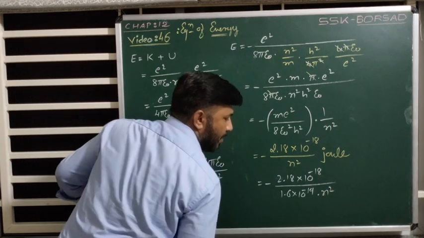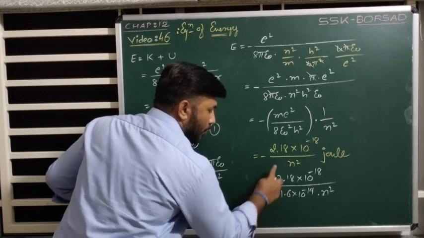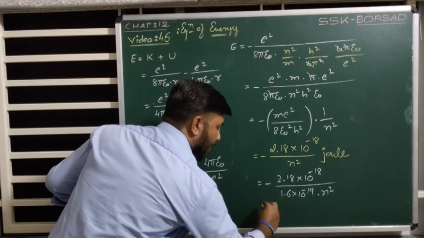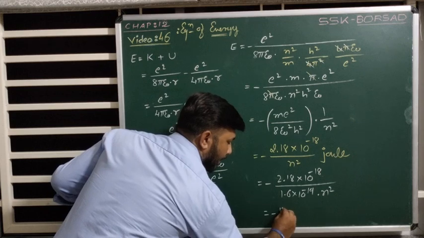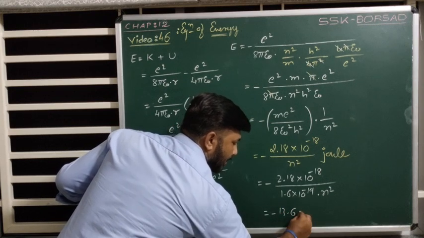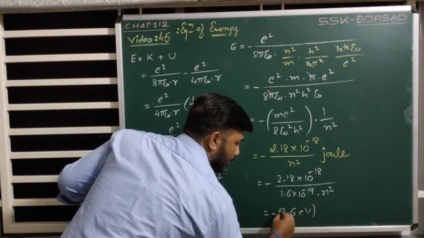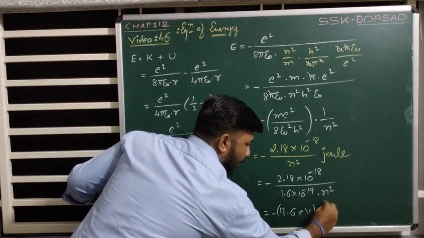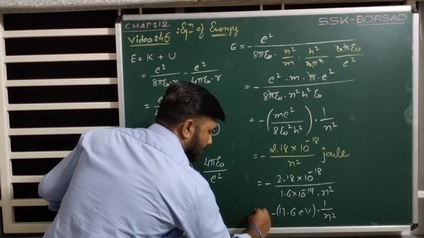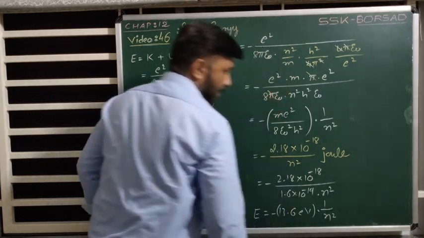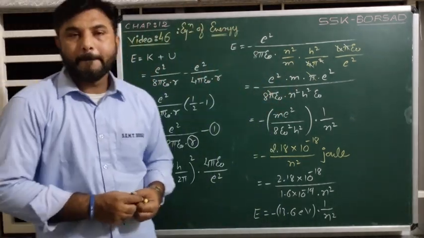Do the calculation and you will get minus 13.6 electron volt multiplied by 1 upon n square. So this is the equation of E.